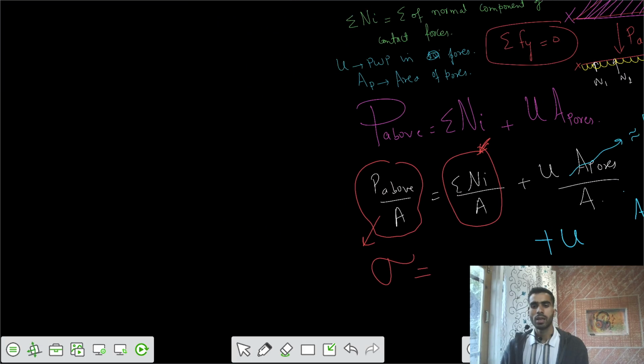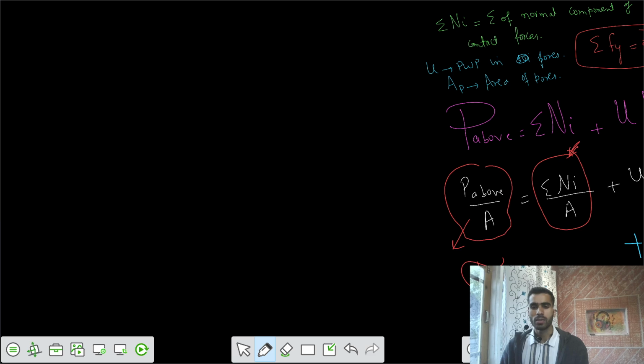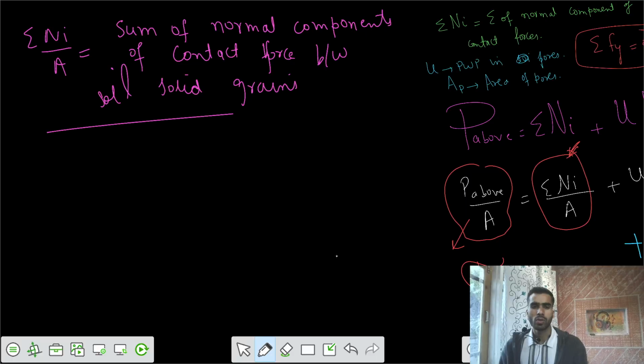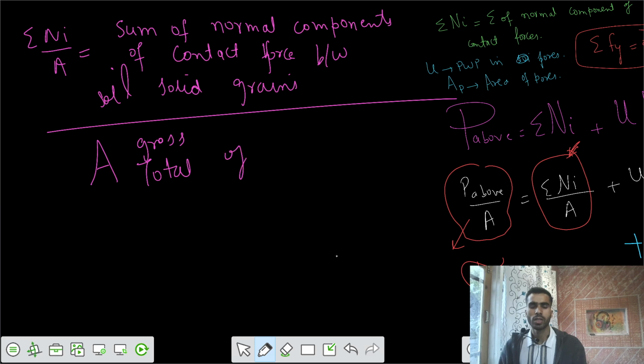So we can write that the summation of Ni divided by A is the sum of the normal components of contact forces between soil grains, solid grains, divided by the total area of the cross section, the gross area of the cross section.